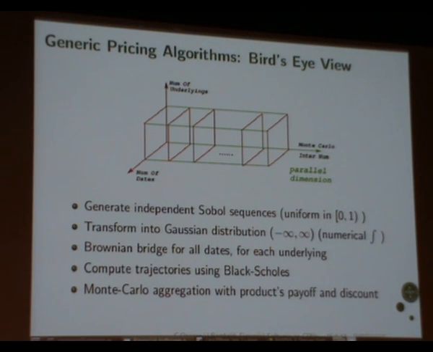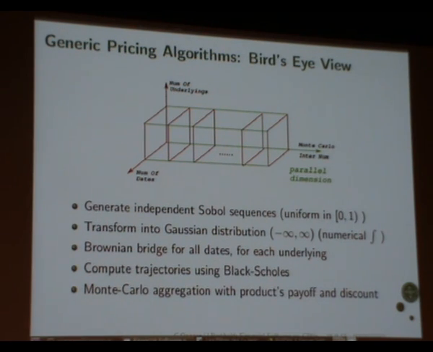How does this algorithm work? It has 5 stages. First, we compute a quasi-random Sobol vector, uniformly distributed in 0, 1. Then we transform this into a Gaussian distribution by numerical integration.